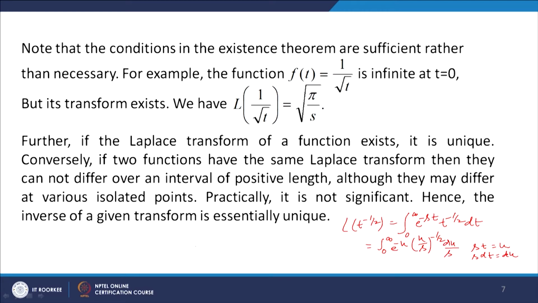So what we get is 1/√s times the integral from 0 to infinity of e^(-u) u^(-1/2) du. This is 1/√s times gamma(1/2). Gamma(1/2) is √π. So we have √π/√s, where s is positive.